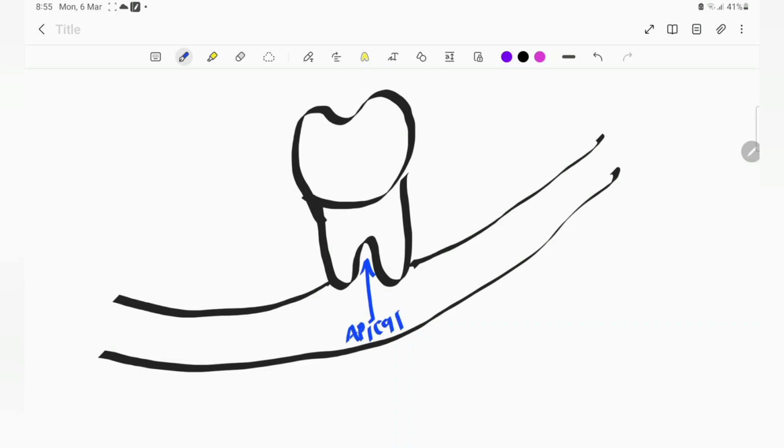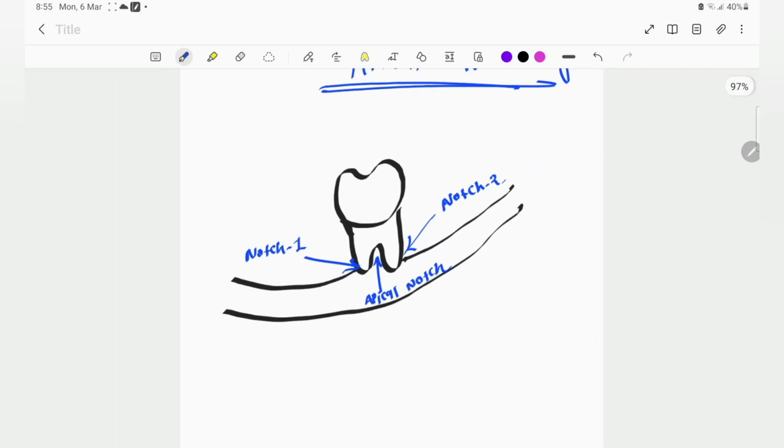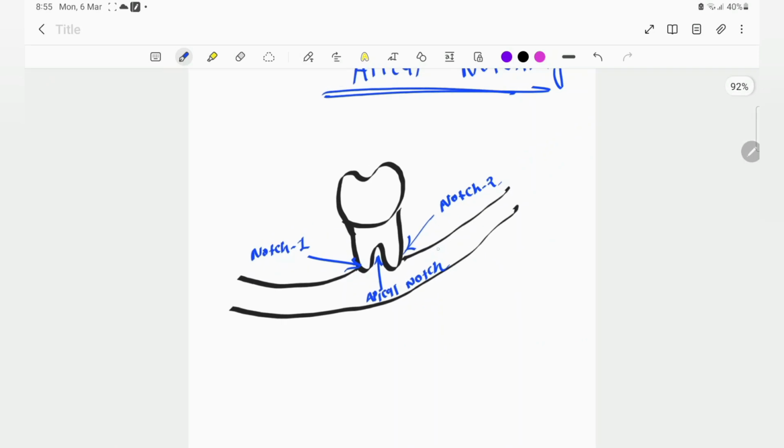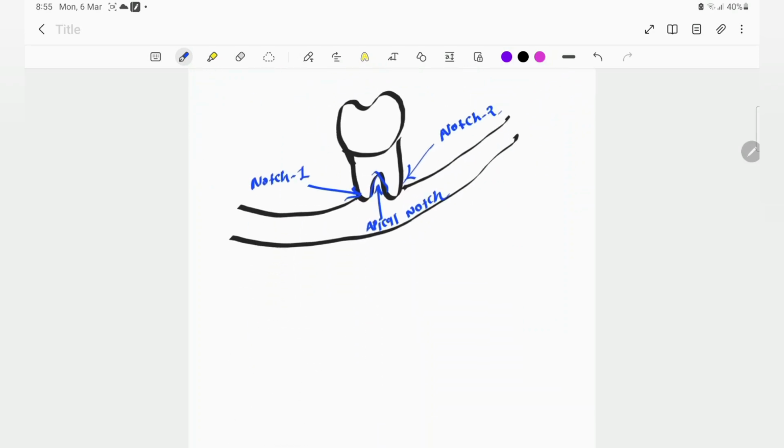And these two notches are there, right? This one is notch 1 and this one is notch 2. So in this case the inferior alveolar canal is passing in between the roots. That's why there is an apical notch, right? So it is passing in between the roots. That's why it is a bifid root apex or apical notching, right?